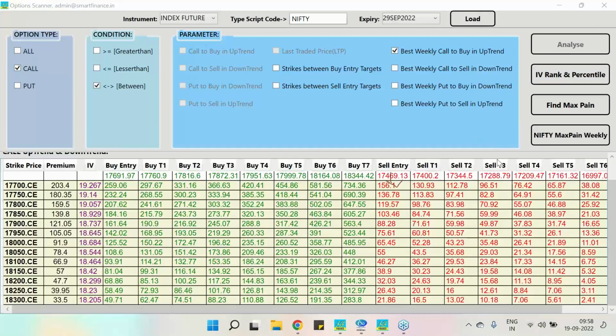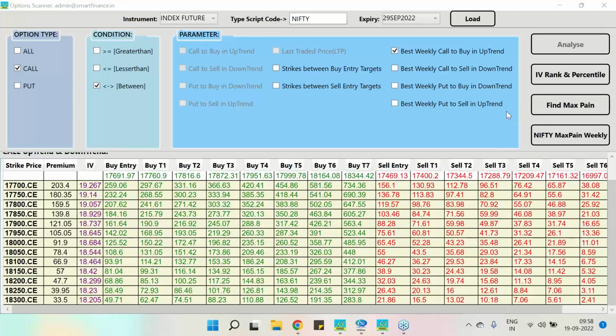If it is high, then you should aim for a strategy to gain from IV fall. These are for advanced traders who regularly work on option strategies. For them, IV rank, IV percentile and max pain are very important. So these are the things we have discussed.